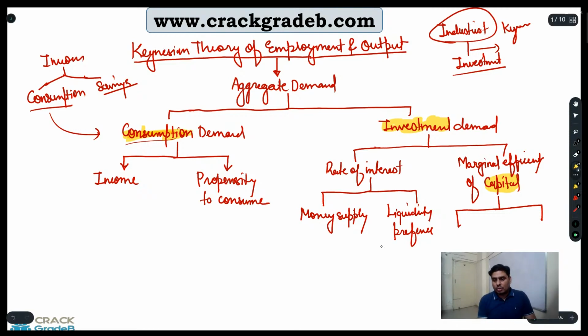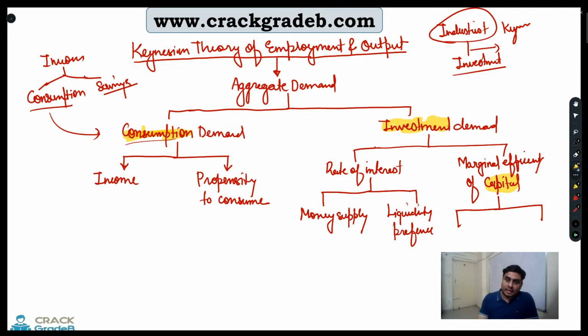So when we talk about the marginal efficiency of capital, it means that when we invest, as an industrialist I'm thinking about having one more factory. I have 2 car manufacturing units in India and I want to establish a third unit in India. So what are the reasons to go for a third unit, right?